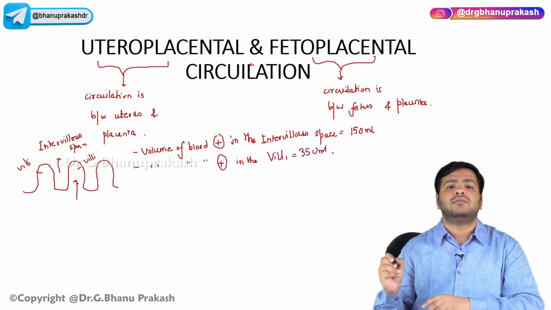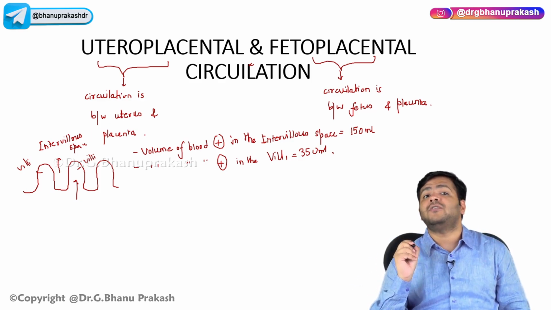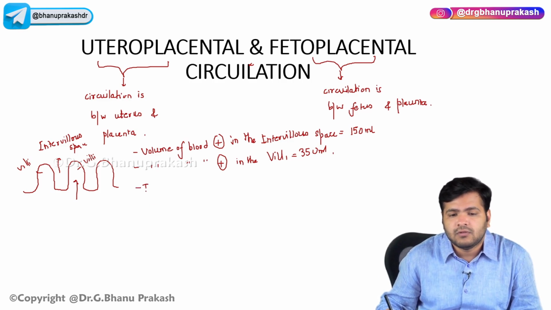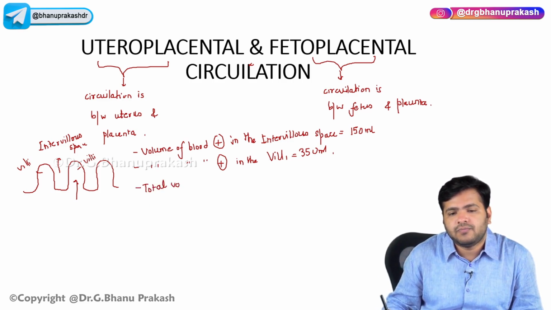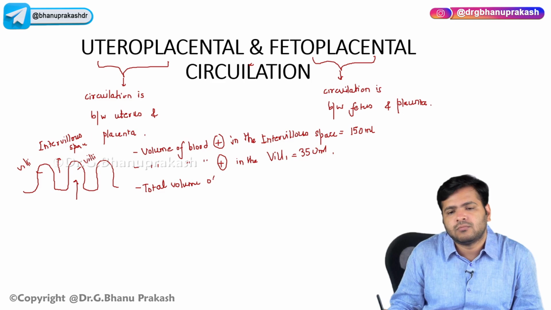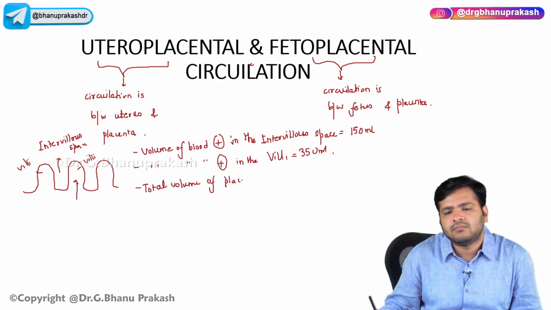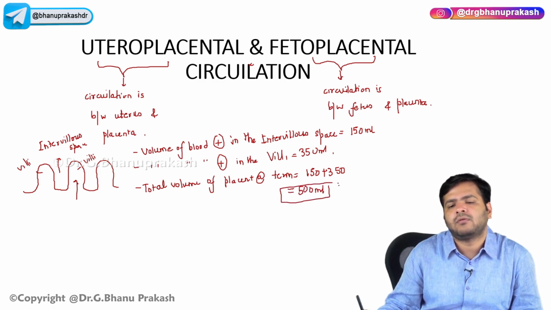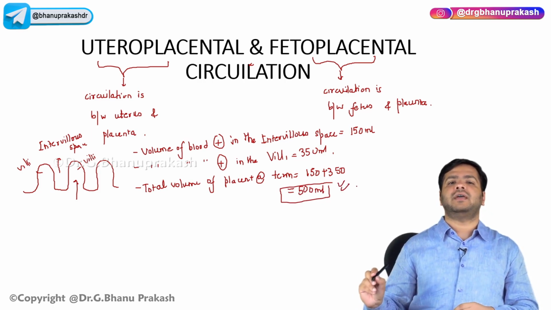So, if I ask you the total volume of placenta at term, it is 150 plus 350 ml, that is around 500 ml.